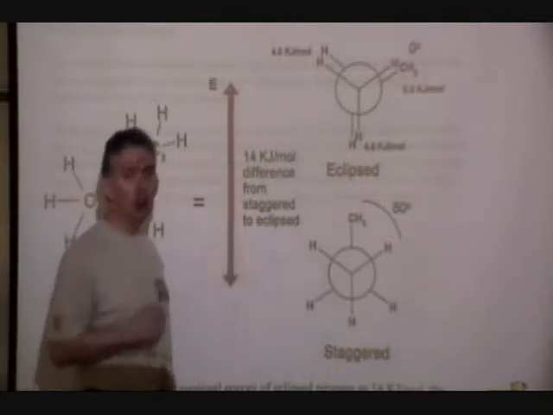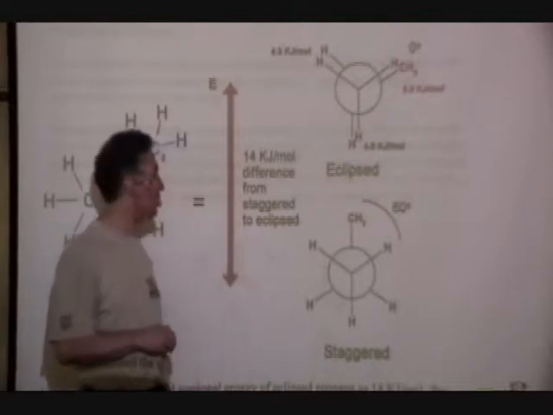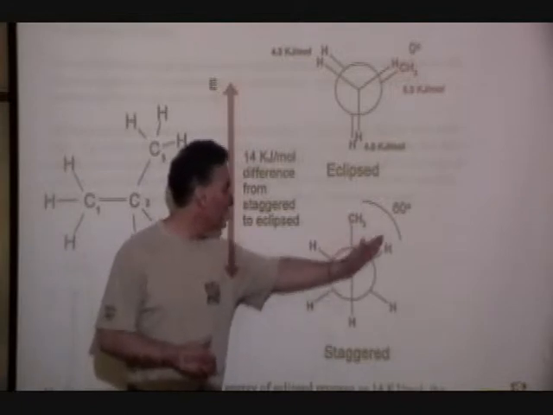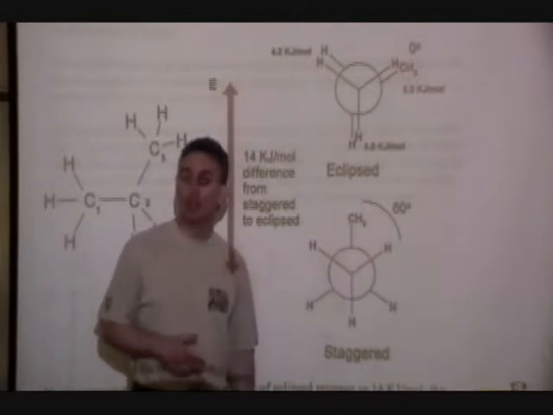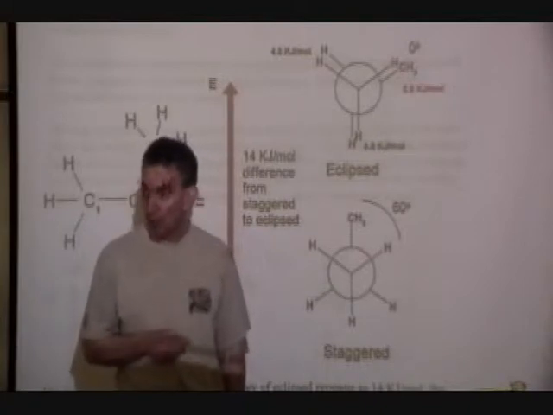It's because we have a new kind of strain between bonding pairs of electrons. So our low energy here, staggered, keeps those bonding pairs of electrons sufficiently apart to avoid any strain.